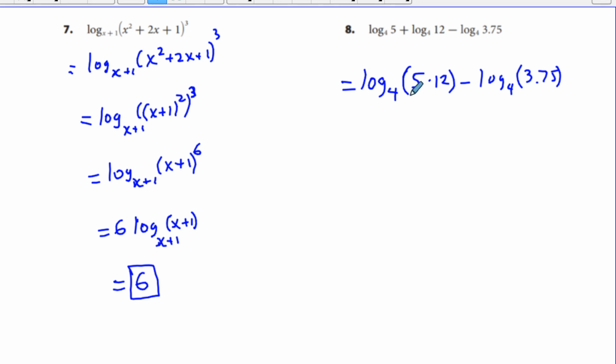And so this is 60, so we can use the quotient property now. Combining as a single logarithm, we have log base 4 of 60 divided by 3.75.